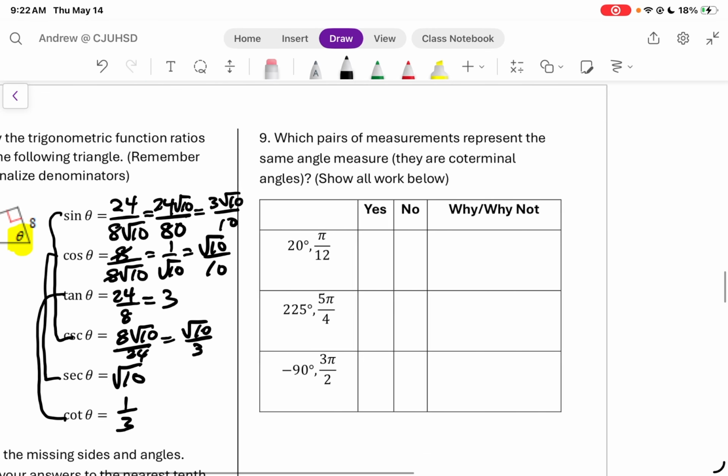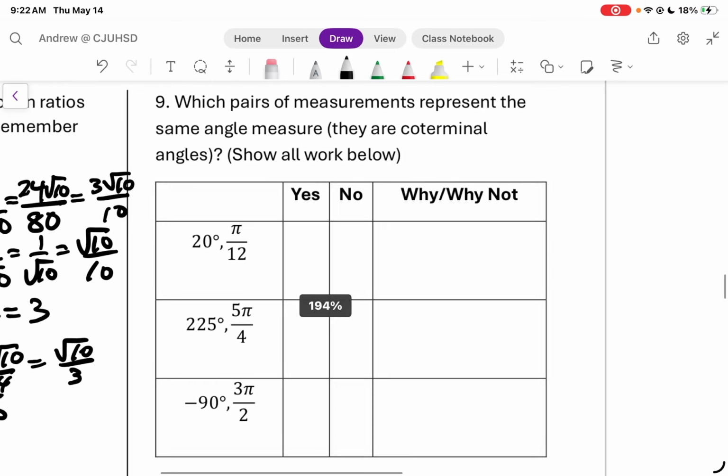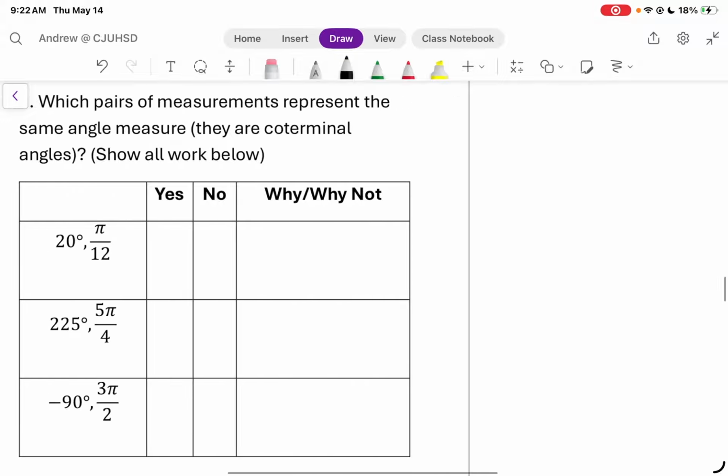Okay, look at this box. Which pairs of measurements represent the same angle measure? They are coterminal angles. Show all work below. So that means you're going to have to convert. And the conversion between radians and degrees is pi over 180.